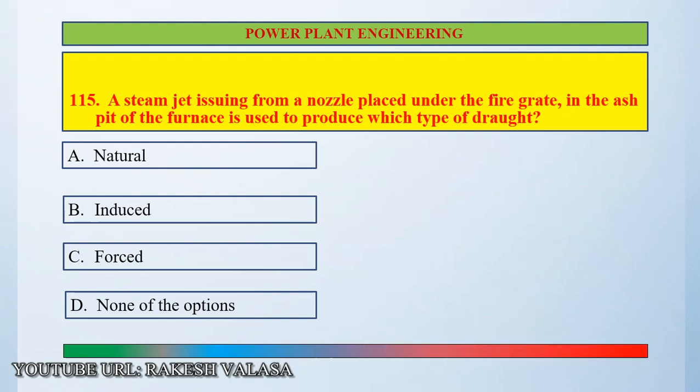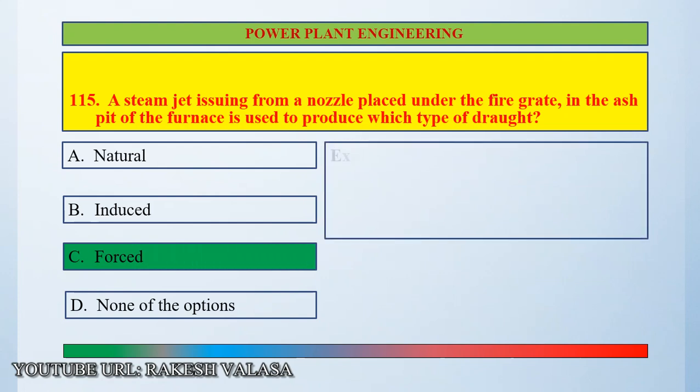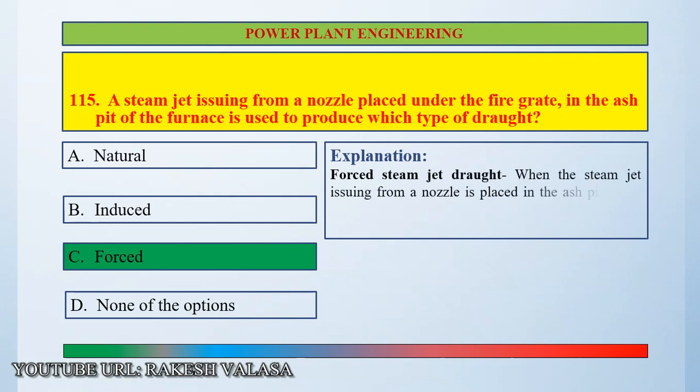The correct answer is forced. Let us see the explanation. Forced steam jet draught. When the steam jet issuing from a nozzle is placed in the ash pit under the fire grate of the furnace, it is then known as forced steam jet draught.